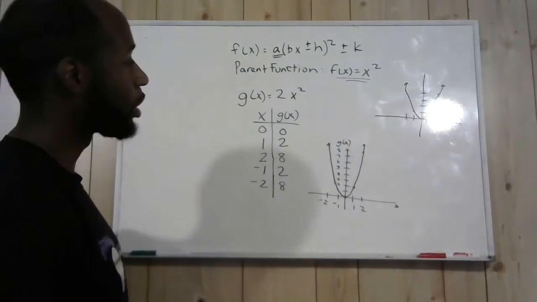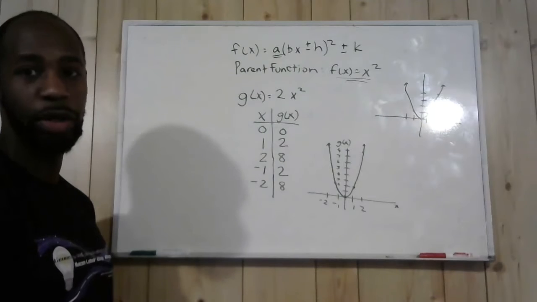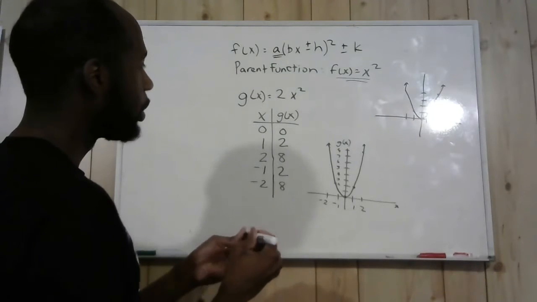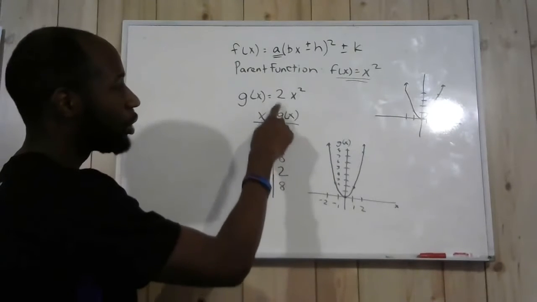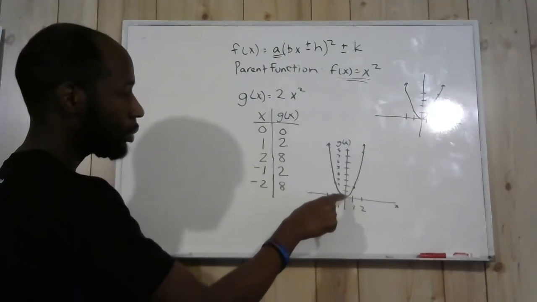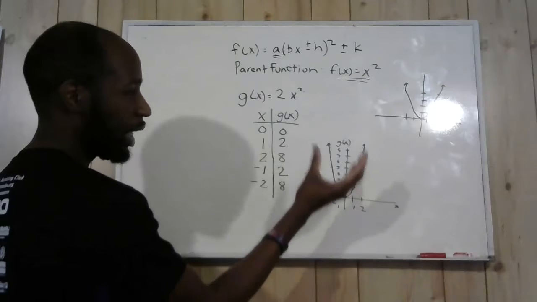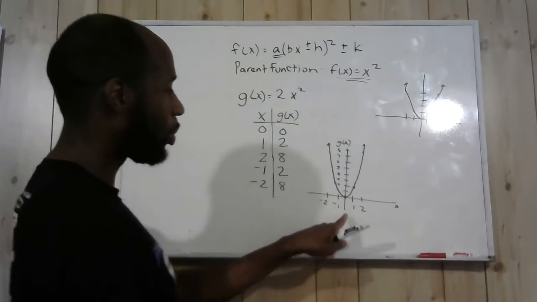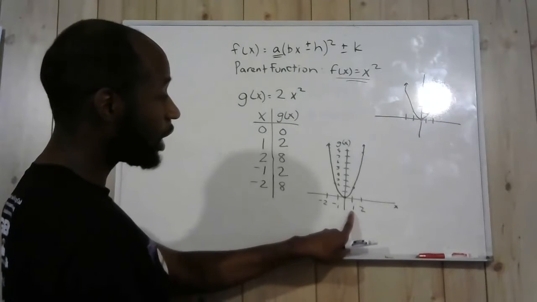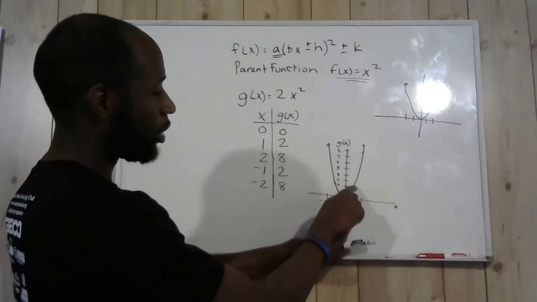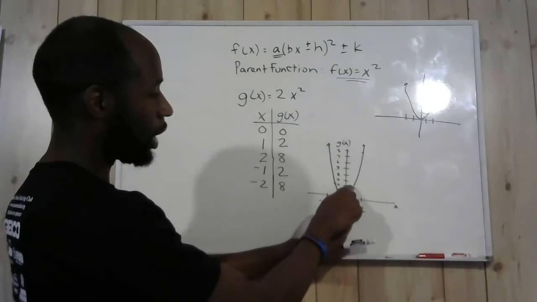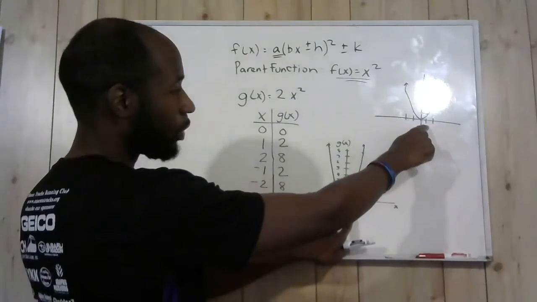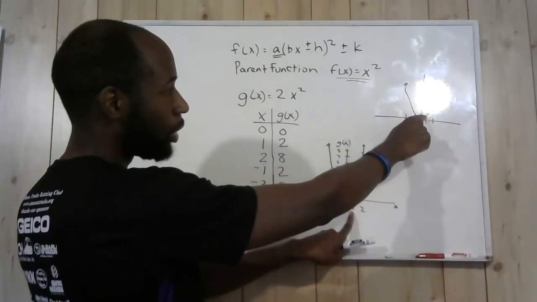All right, so let's see what happened. And my drawings aren't perfect, but let's see. So when you multiply this by 2, it seemed to compress the function, because you see at 1 with g of x, g of x was 2. When x is equal to 1 over here, g of x is equal to 1.